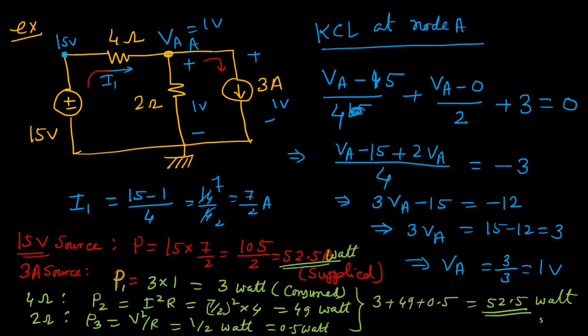But at least one source in a circuit should supply power, and other sources may supply or may consume. The total power supplied by the sources should be the same as the total power consumed by the other elements. That is always true.